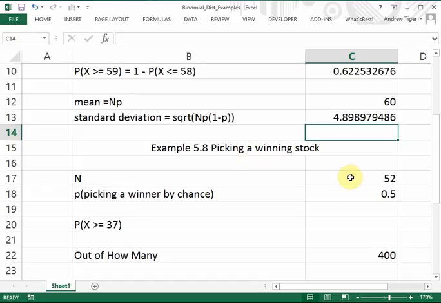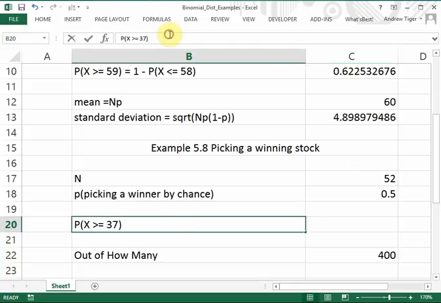Now, that's possible of happening by chance. You could pick a stock and see if that stock every week does beat the stock market. And this one beat it 37 out of 52. Well, what's the likelihood that would happen by chance?